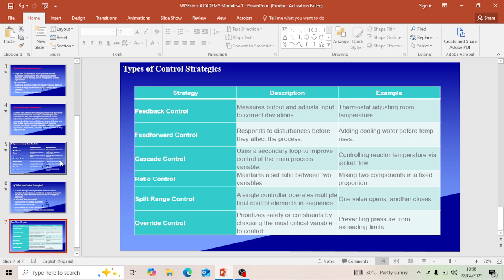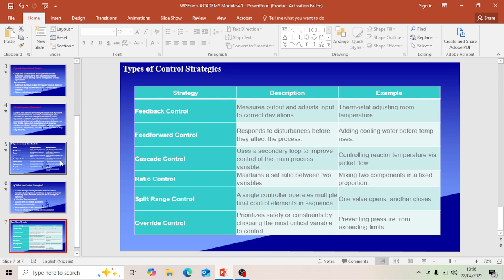Whenever the temperature begins to go higher than, let's say, 35 degrees, you switch off the valve supplying the hot water and allow the cold water to be supplied for a while to bring the temperature back to about 30. And if the temperature begins to go down to about 25, you shut down the cold water valve and open the hot water valve so that it pours hot water in and increases the temperature to the range we are looking at. That's how the split range control works.